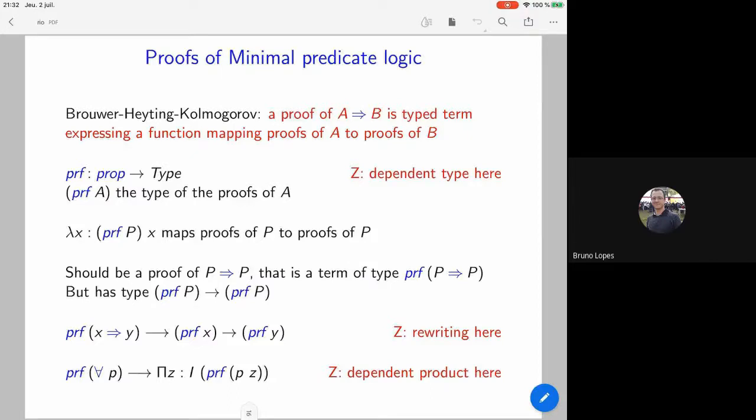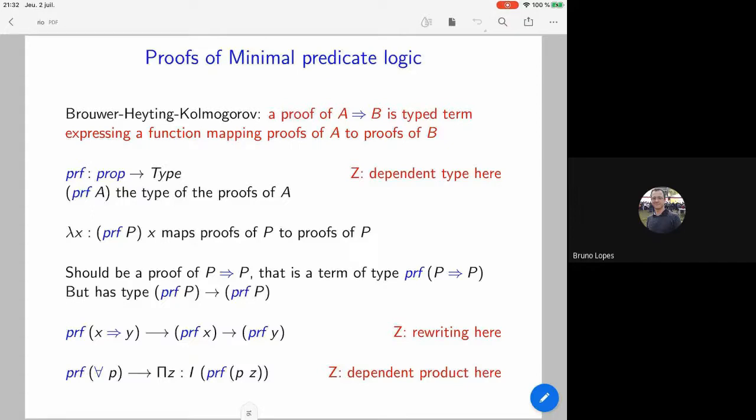So this lambda term that expresses a function that maps proofs of P to proofs of P should be considered as a proof of P implies P. That is, it should be a term of type proof of P implies P.